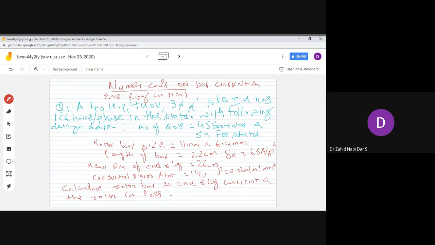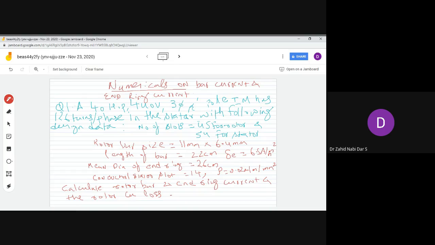So we can see from this given data what is available. We have read the question. So if we look again, I'll read it: 40 HP. So in the given data, power is 40 HP, and the stator voltage ES would be 400 volts. Machine is three phase.